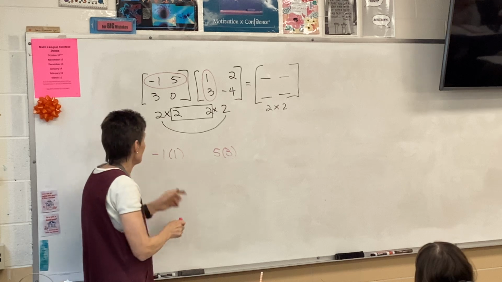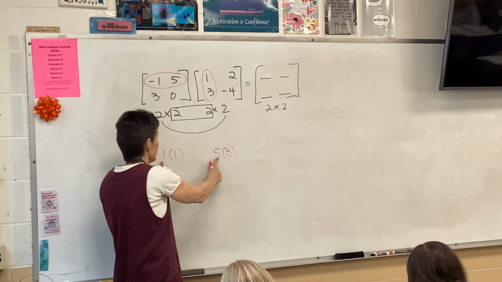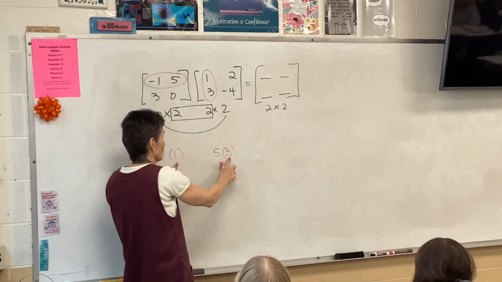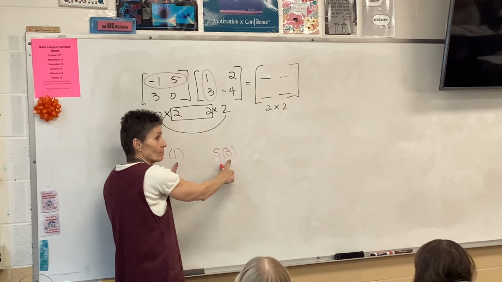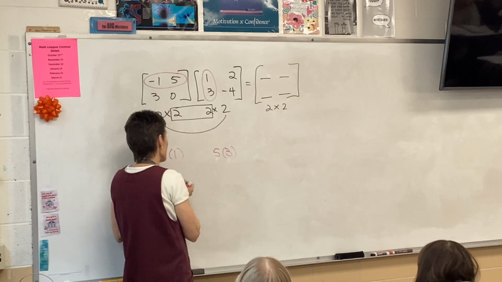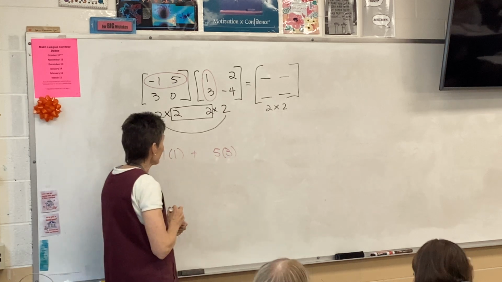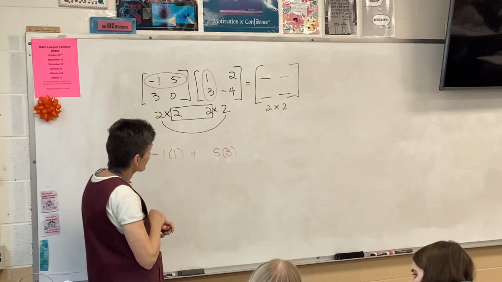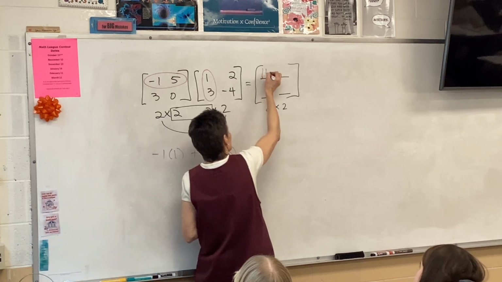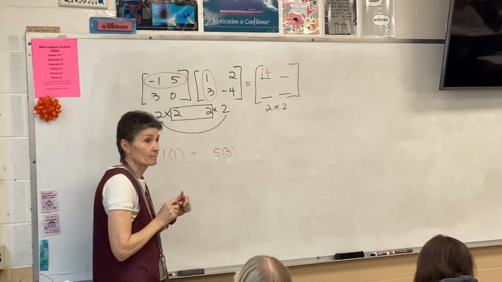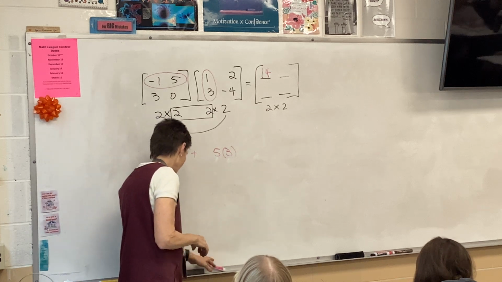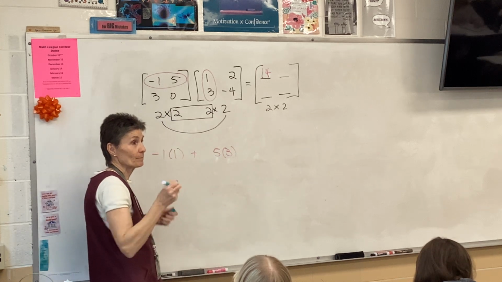Remember, you write down your row numbers, and then you write the column numbers right next to it. Multiply each pair and add them up. So that first number is going to be 14.